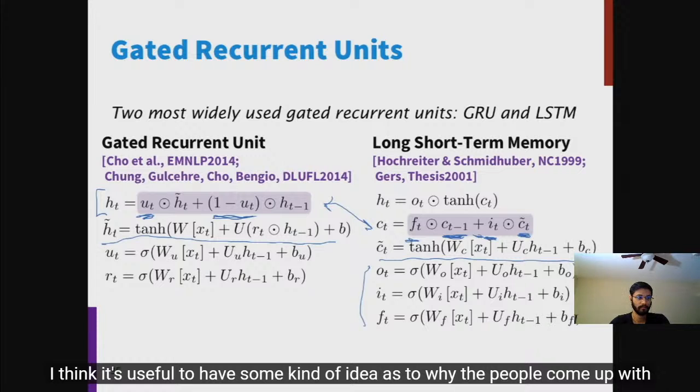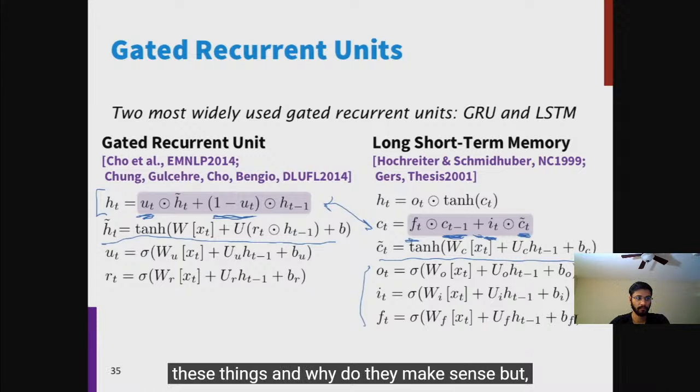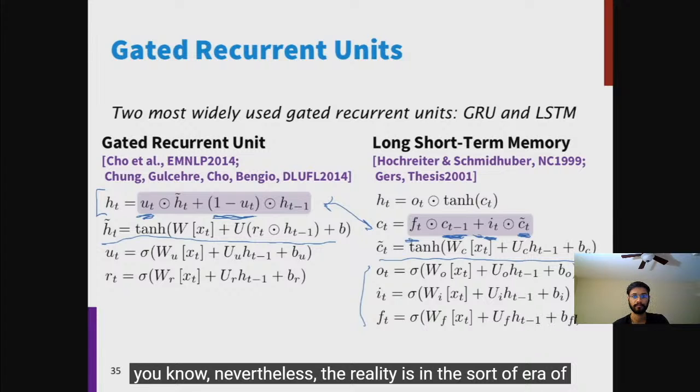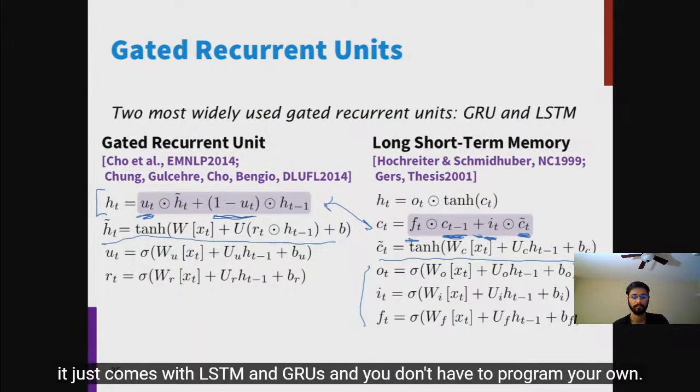I think it's useful to have some idea as to why people come up with these things and why they make sense. Nevertheless, the reality is that in the era of 2015 plus, any deep learning package you use, whether it's PyTorch, TensorFlow, MXNet, whatever, just comes with LSTMs and GRUs, and you don't have to program your own.